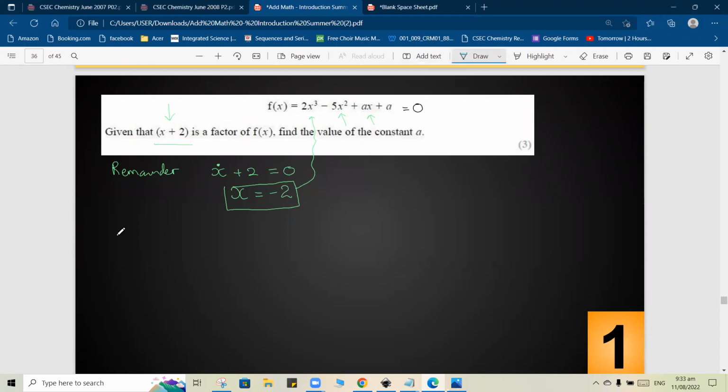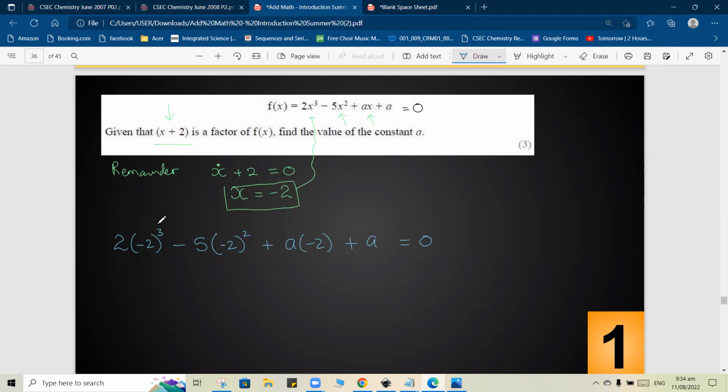So let's hope that you have it like this: 2, open brackets, -2 cubed, -5, open brackets, -2 squared, plus a, open brackets, -2, plus a, and it's supposed to be equal to 0.